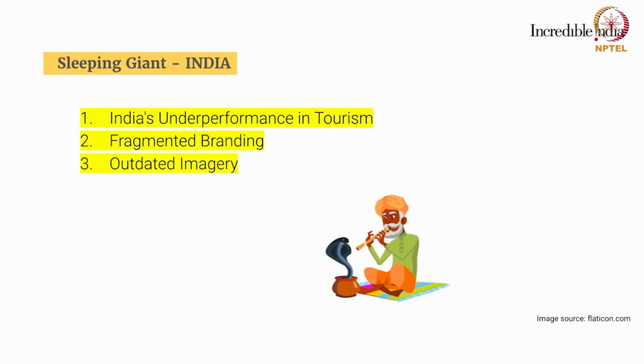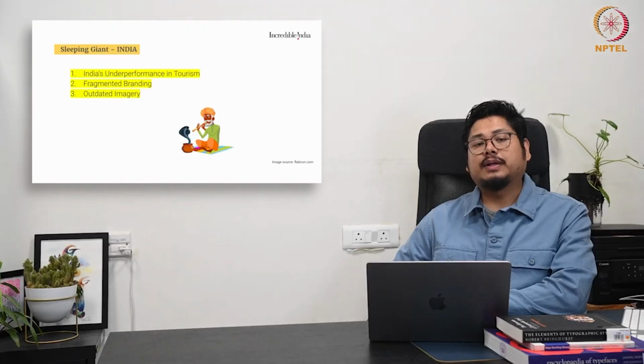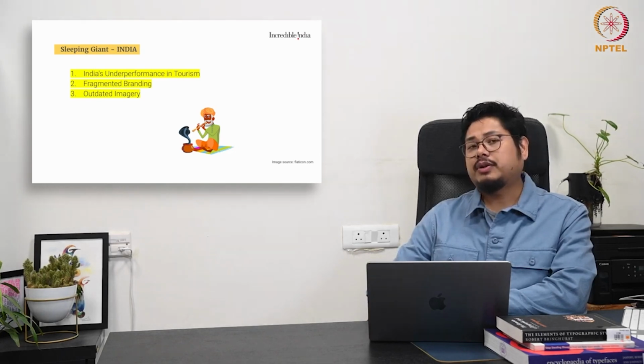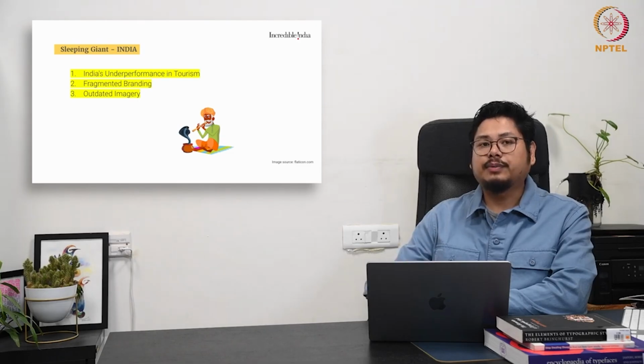Those were the things projected at that time, and that was impacting the brand image of India, which was failing to appeal to the contemporary segment of the market. They tried to look into how to address such representation in a much better way, and the overall idea of Incredible India was catering towards that.